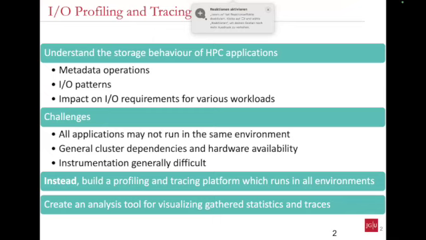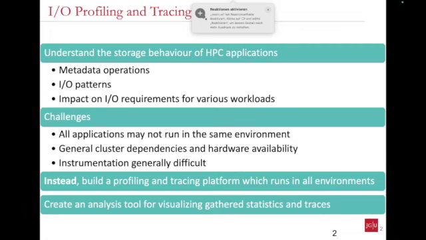Why we do profiling or why we do tracing in the context of HPC systems, although it can be generalized to other domains also, is because we want to understand how applications are behaving and how storage systems that are storing our data are behaving for different applications, different types of metadata operations like opening, deleting, renaming files, the different I/O patterns that applications might have, and also these I/O requirements that applications have.